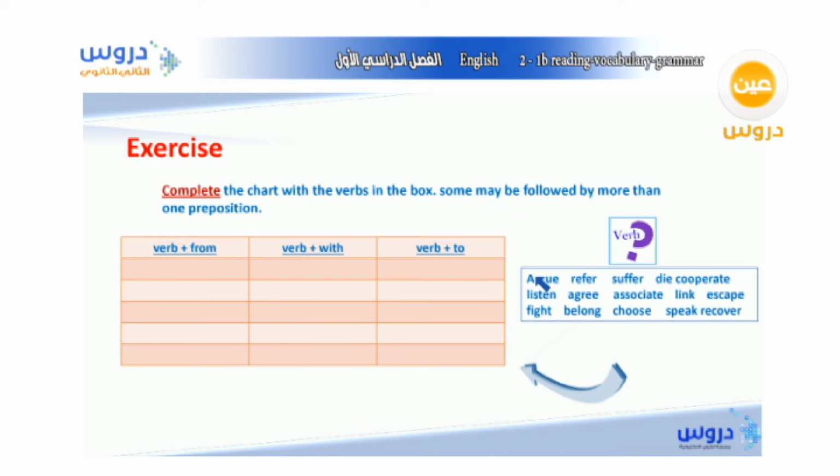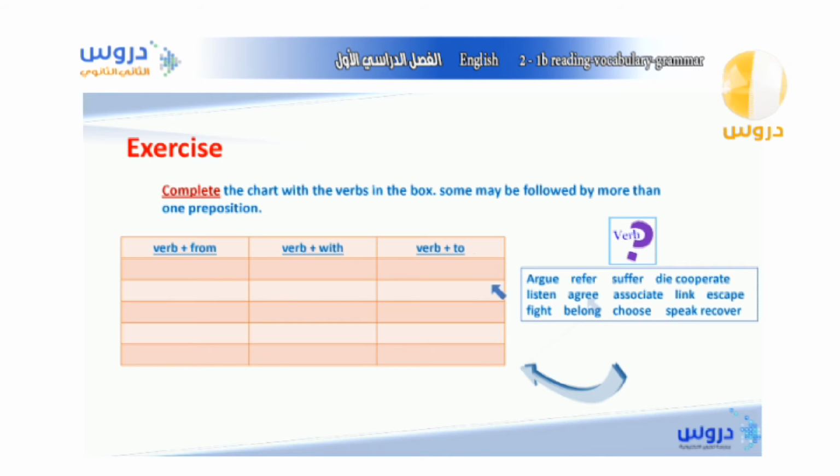Some may be followed by more than one preposition. So we have verbs like argue to, or argue with, or argue from. Listen, fight, refer, agree, belong, suffer, associate, choose, die, cooperate, link, speak, escape, and recover.